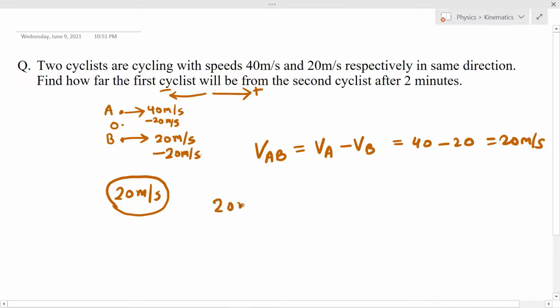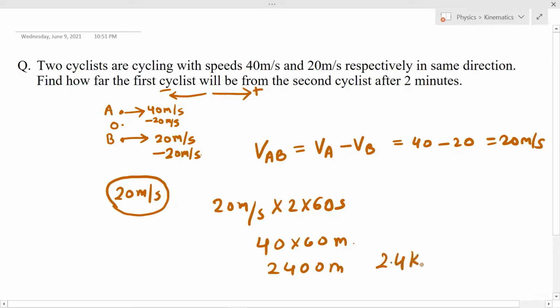So 20 meter per second into 2 minutes, 2 minutes into 60 seconds. So this will be 20 into 120, sorry, this will be meter. So 2400 meter, that is 2.4 kilometer. So it will be away from cyclist B, and that distance will be 2.4 kilometer.